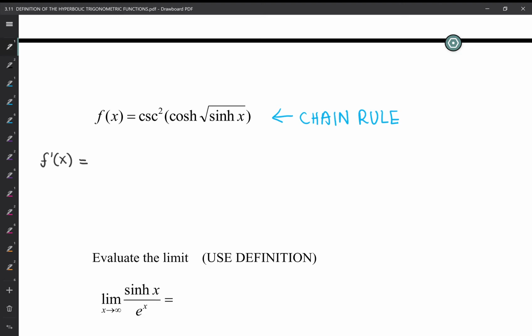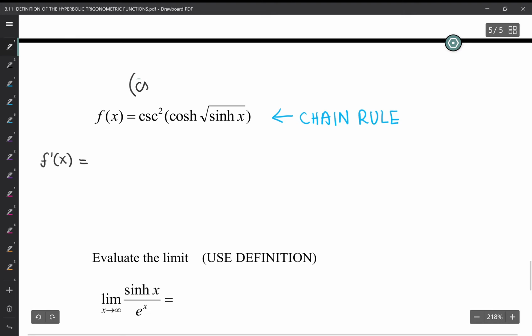Definitely want to rewrite this. So this function is the same thing as the quantity cosecant of the hyperbolic cosine of the square root of a hyperbolic sine of x, all to the second power.